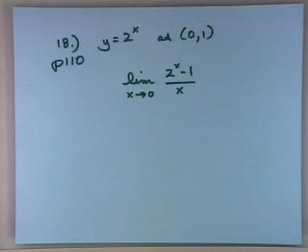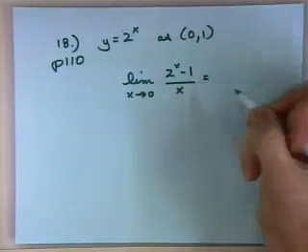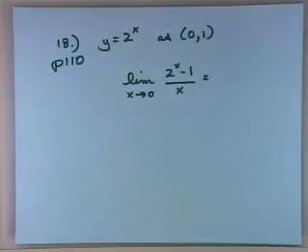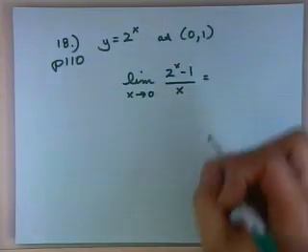But we want to figure out what's going on at the point 0, 1. Estimate the slope to 3 decimal places. How are we going to take this given limit and estimate? The slope of the tangent line at the point 0, 1 is that.